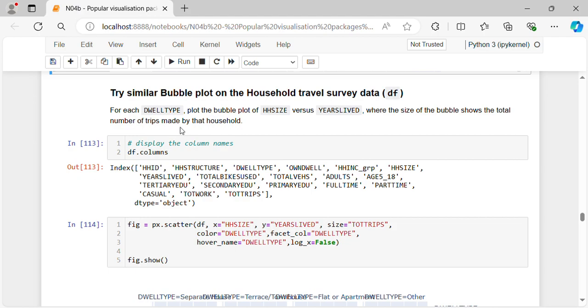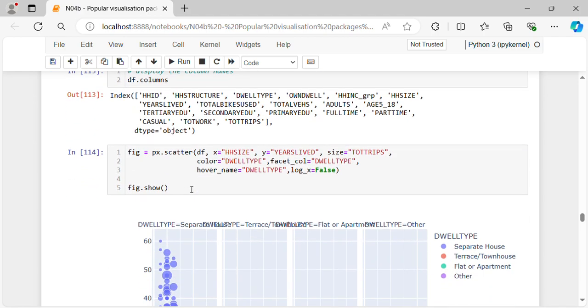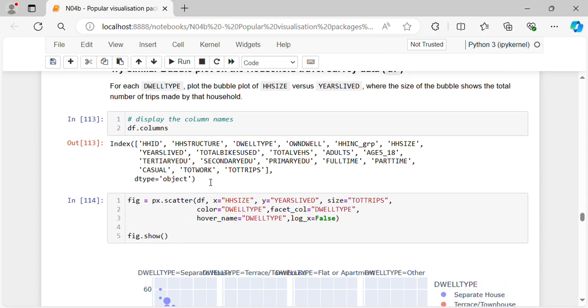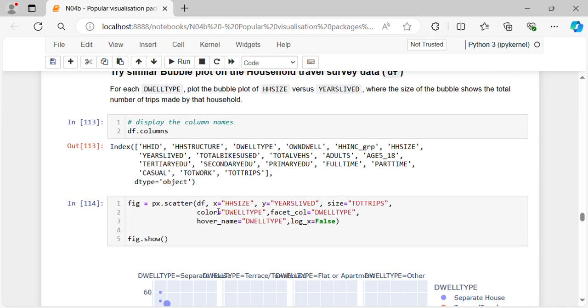Now for each dwell type, we will plot the bubble plot of household size versus years lived, where the size of the bubble shows the total number of trips made by that household. Let fig equal px dot scatter of this household survey data, x equal household size, and y equal years lived.